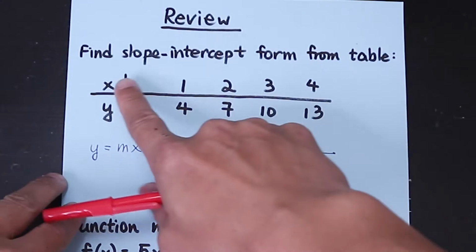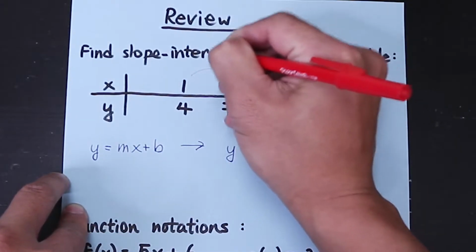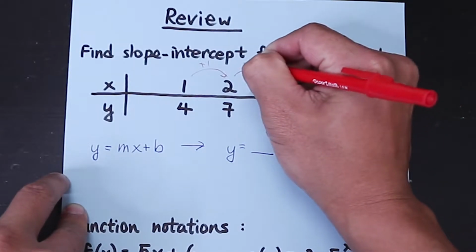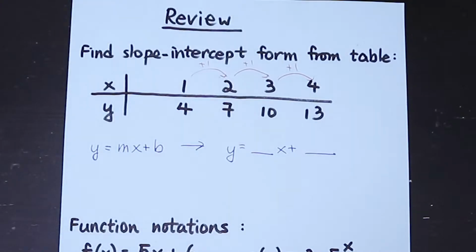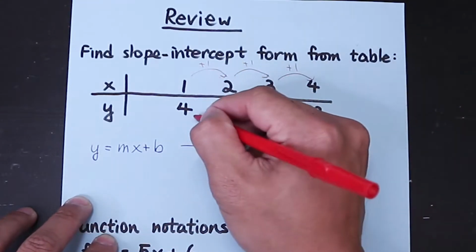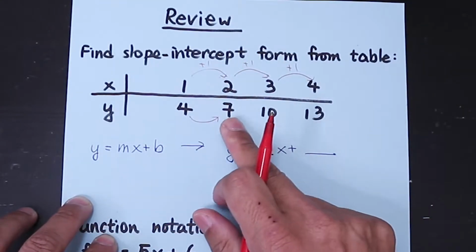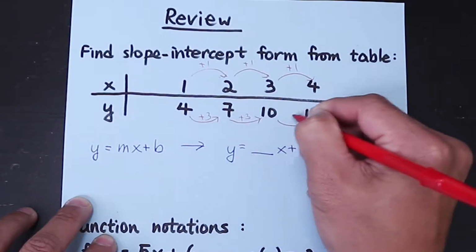table. I see that for the x, as you're going from left to right, each x is added 1. So it's plus 1 every time you move to the right to generate a new number for the x value. Likewise, for the y value, as you're going from left to right, to go from 4 to 7, 7 to 10, 10 to 13, it's add 3 every single time.